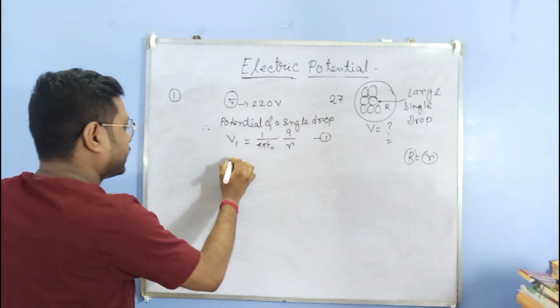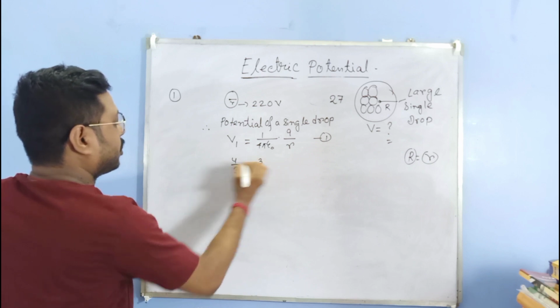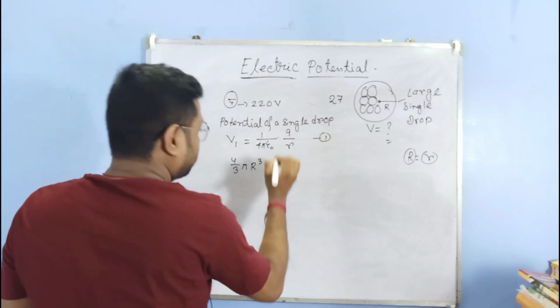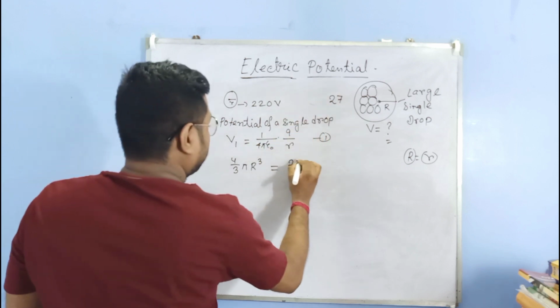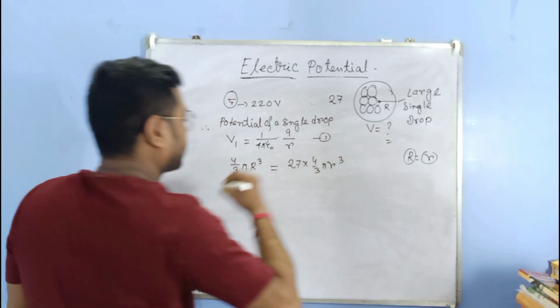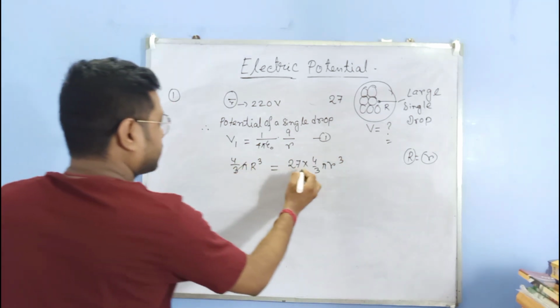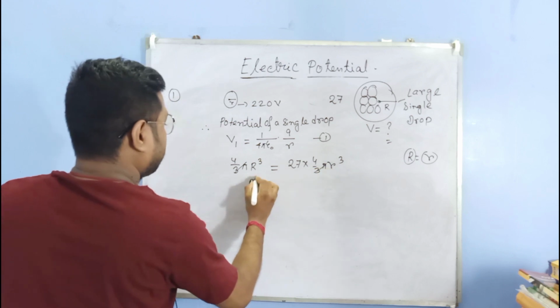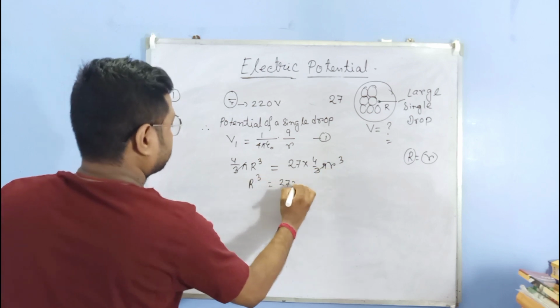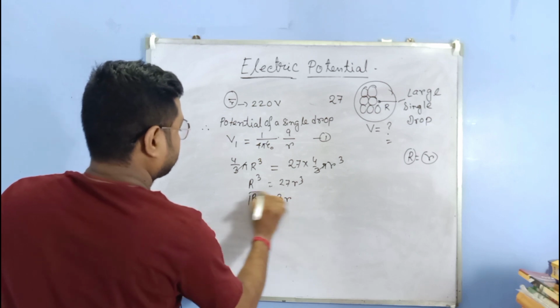So the volume of the large raindrop, 4/3 pi R cube, must be 27 times the volume of a single raindrop. So 4/3 pi cancels, R cube equals 27 small r cube, or R equals 3 small r.